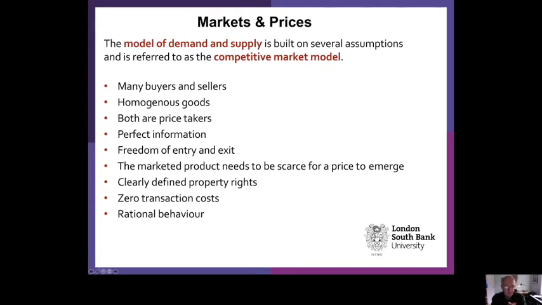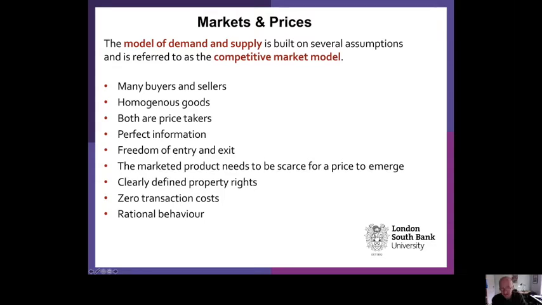We assume that buyers and sellers, but it's most important to think about sellers, suppliers, that they're price takers. So this is worth noting, and we come back to this later in the module. What it means is that the suppliers don't set their own prices. They have to take the price which is determined by the market.